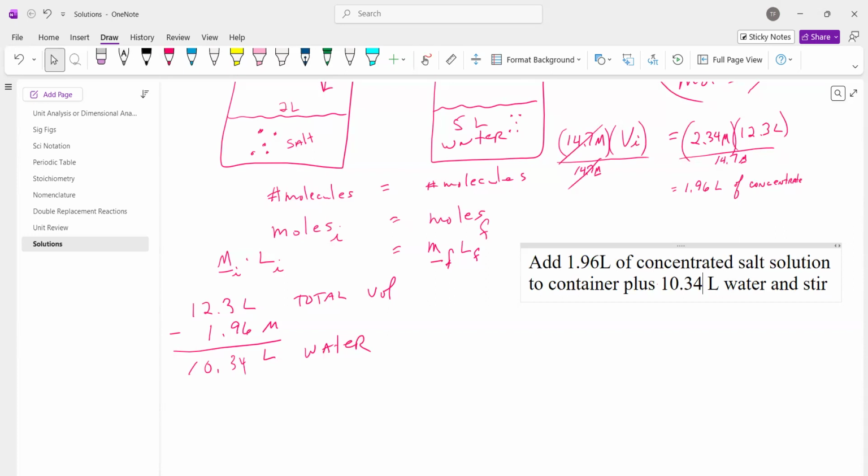With significant figures, adding and subtracting, we look at decimal places only. 1 versus 2, so it should be 10.3. Yes. The reason I didn't do that is for clarity. But yes, you're absolutely right. It should be 10.3 if we're looking at sig figs.